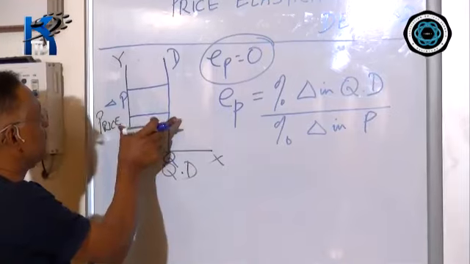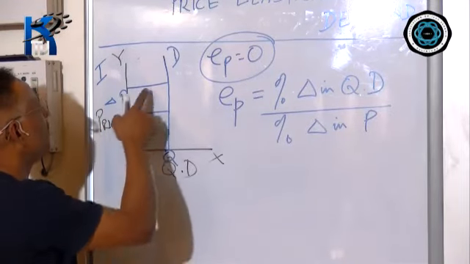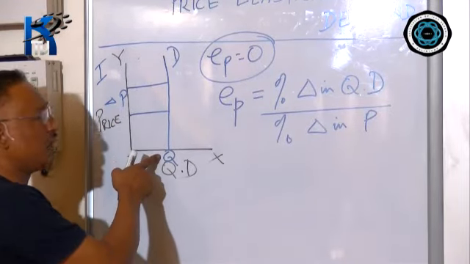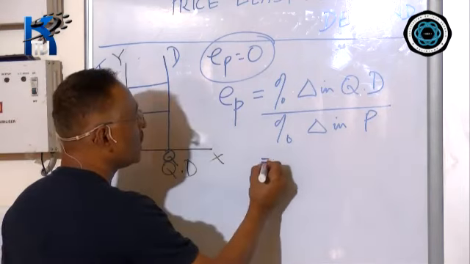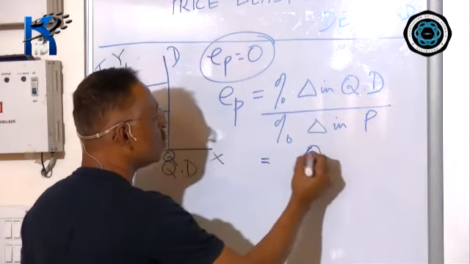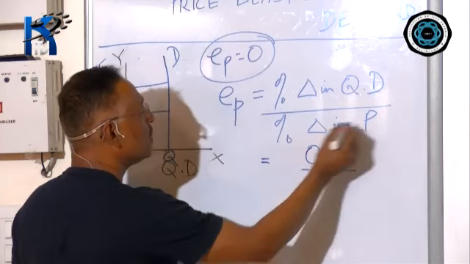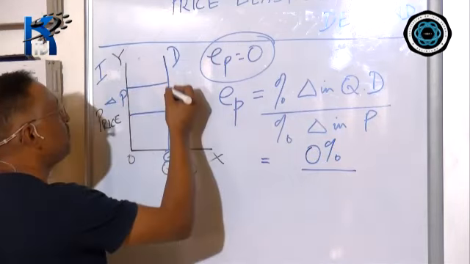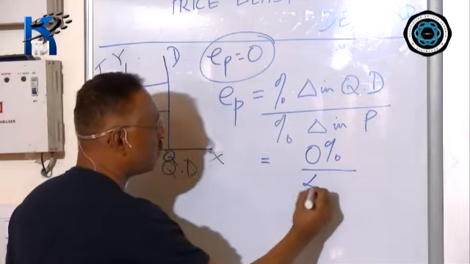In the first case here, price changed, quantity demanded did not change. So, price change, let's keep anything, say 10%, 20%, 30%, let's write 40%.